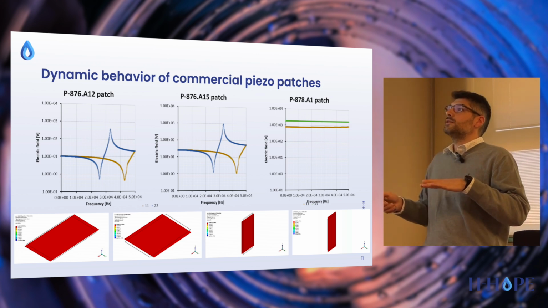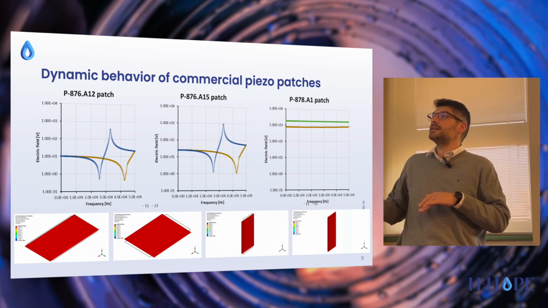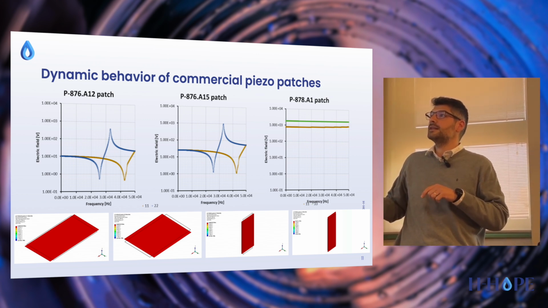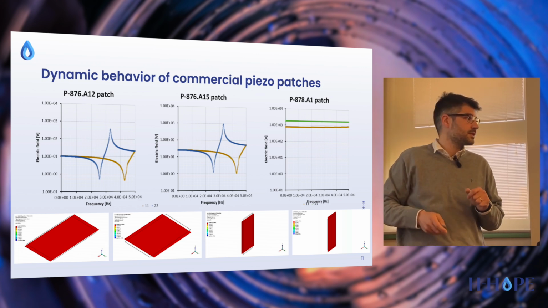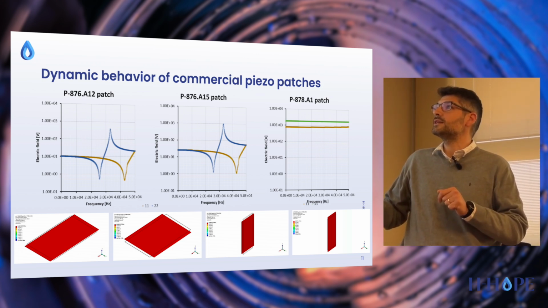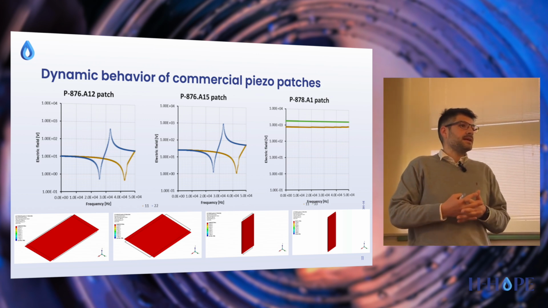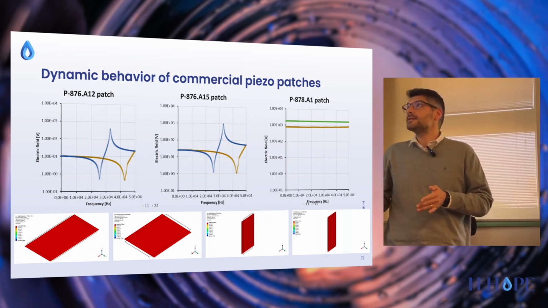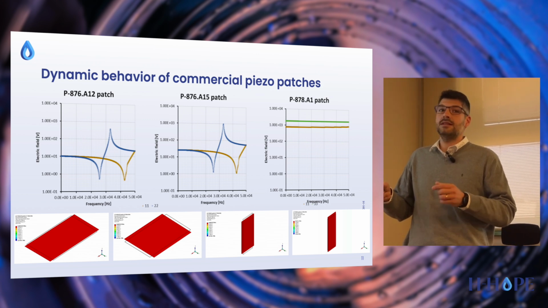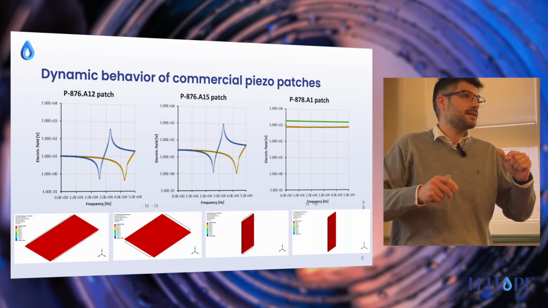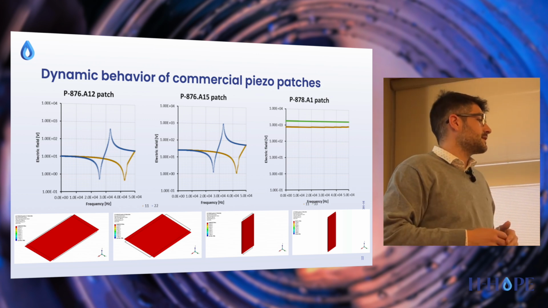If we increase this thickness, we obtain higher voltages. So if we use these thicker patches instead of these, we can expect higher voltages. But with these thicker patches, we can expect that the bending radius is higher.